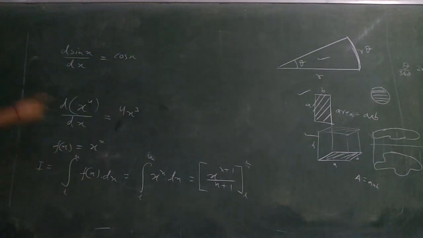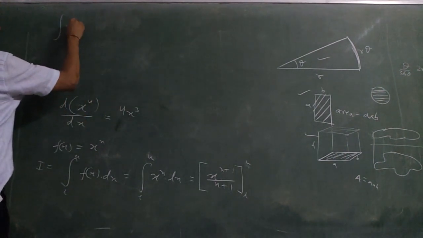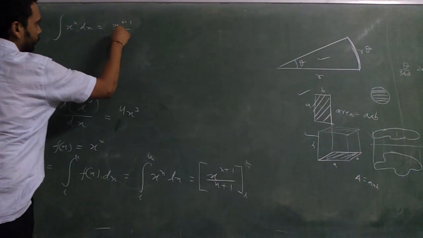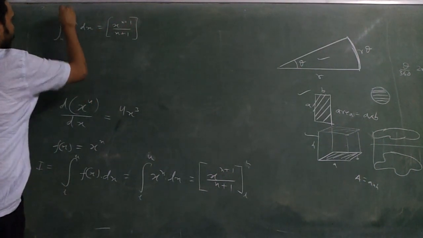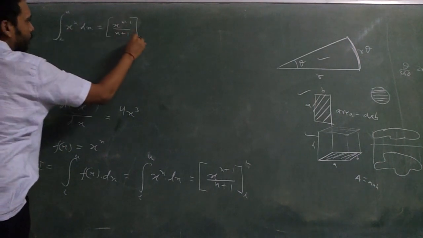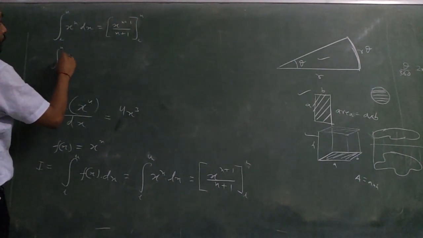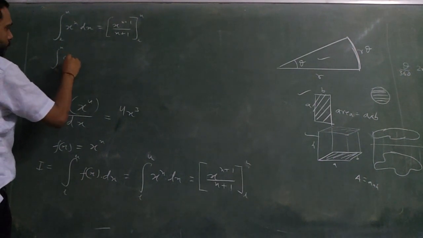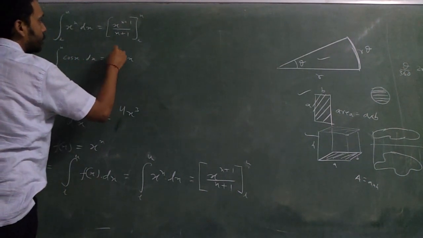So if you integrate cos x, what do you get? Sin x. So our next formula will be: integration from lower limit to upper limit of cos x dx is equal to sin x.